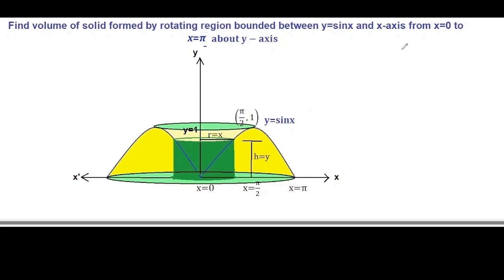So now here we can conclude that the curved surface area of the cylinder, which you can denote by delta A, is equal to 2 pi r h. By substituting h as y and r as x, it becomes 2 pi x y.